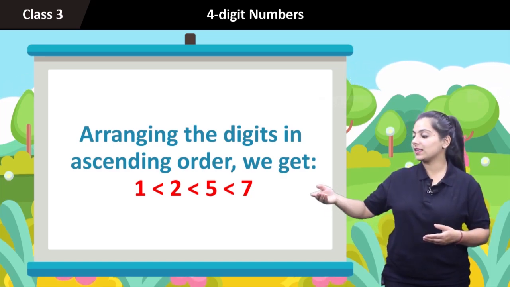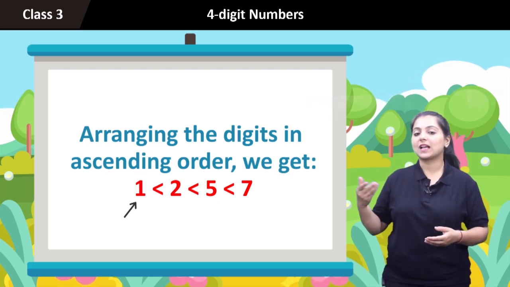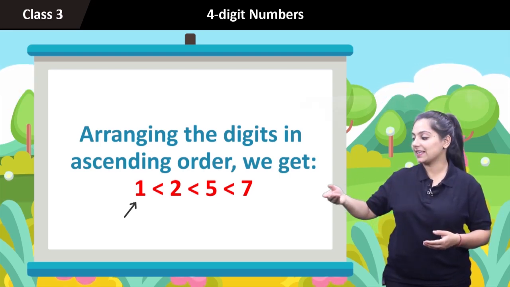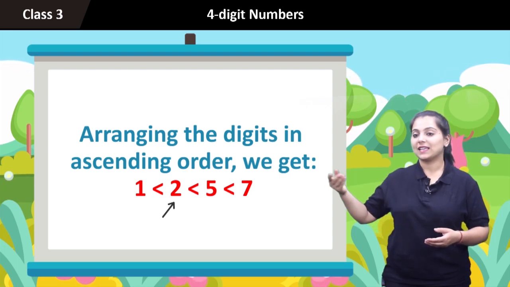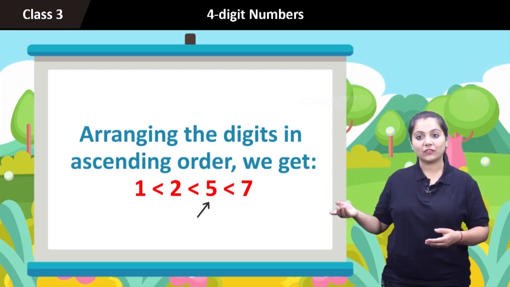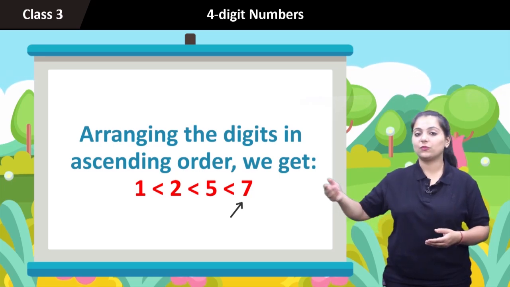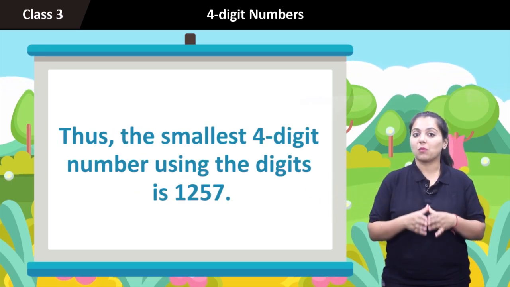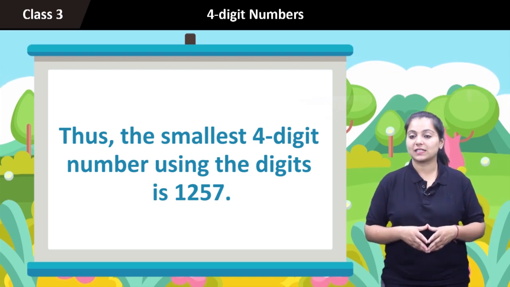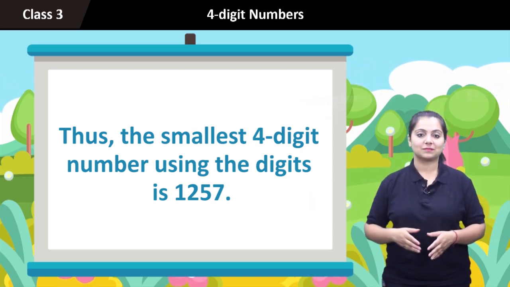So tell me which one is smallest? Yes, 1. Now what will come after 1? Yes, 2. Then what will come after 2? Yes, 5. And then 7. So 1, 2, 5, 7 is the ascending order. Thus the smallest 4-digit number using the digits is 1257.